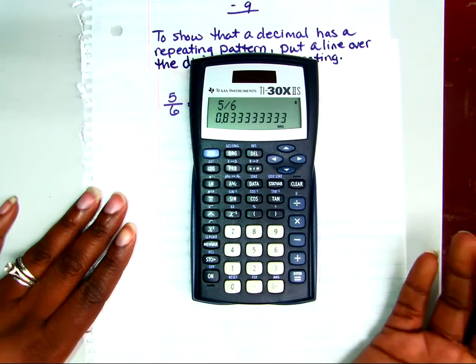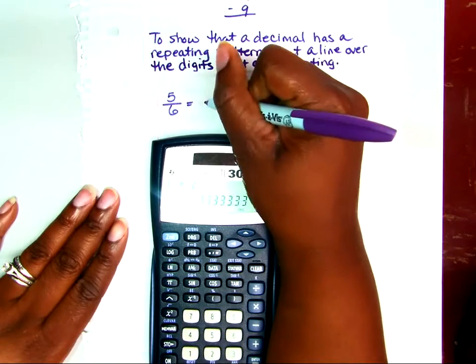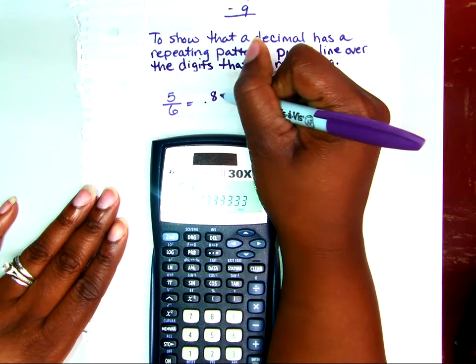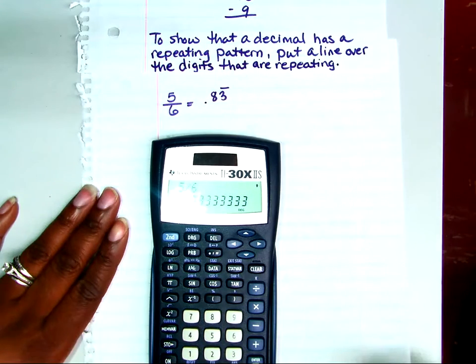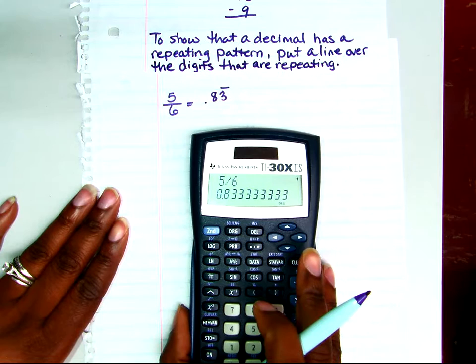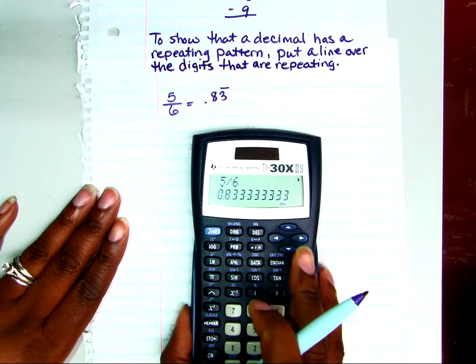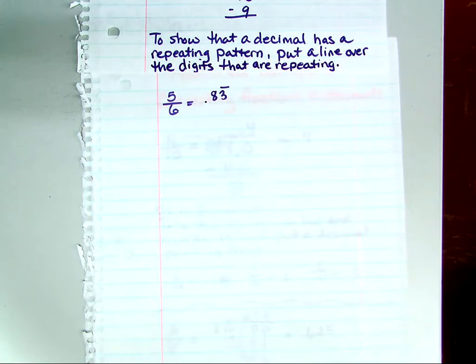I have only one 8, but I keep seeing a 3, so I'm going to write 0.83 and draw a line just over that 3. Okay? Because only the 3 is repeating, not the 8. So now you know how to deal with repeating patterns.